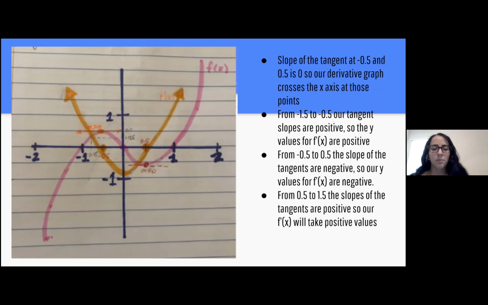From negative 0.5 to 0.5, the slope of the tangents are negative in our original graph, so our values for f prime of x are negative. And finally, from 0.5 to 1.5, the slopes of the tangents for our original graph are positive, so we know that f prime of x will be taking positive values on the y-axis.